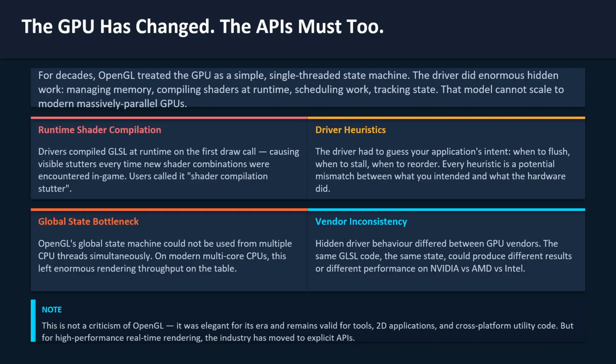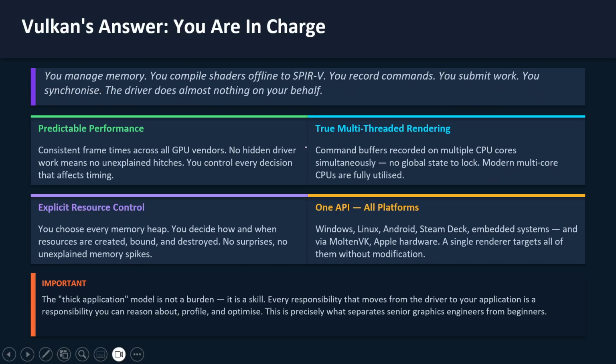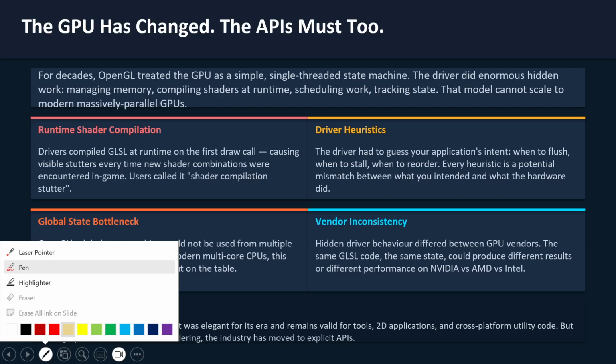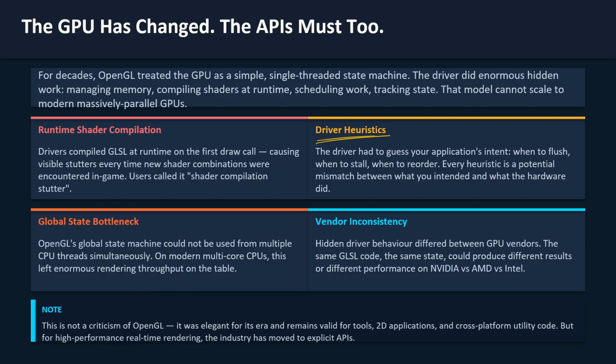And this is something the modern programming model tries to solve. Another thing that you will also see in OpenGL is that there are a lot of driver heuristics. So driver heuristics, what exactly does it mean?